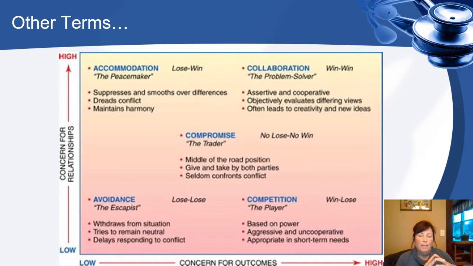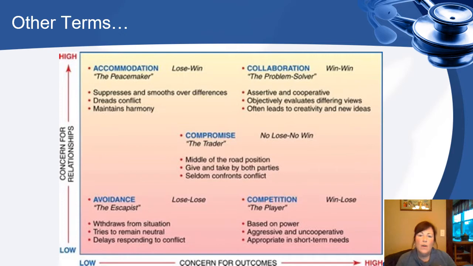For example, if I use avoidance as a conflict management strategy, that's really a lose-lose for each party on either side of the conflict. As you can see, there's a low concern for relationships and a low concern for outcomes. This is the person who withdraws from the situation, tries to remain neutral, and delays responding to conflict. So avoidance really isn't one of the best management strategies for conflict.